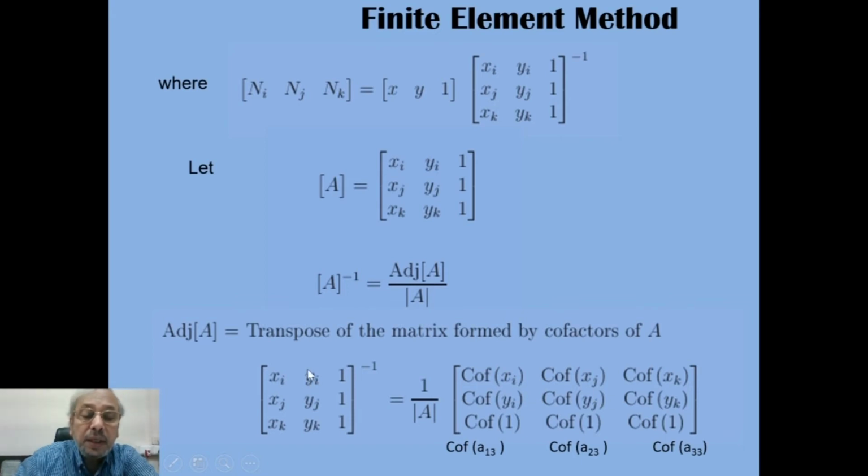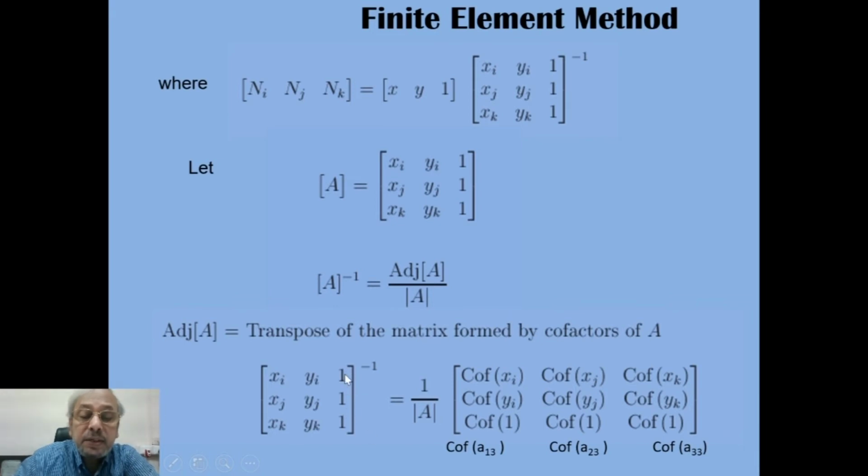Second row, we'll find the cofactors of these and then transpose them. So basically second row will be cofactor of yi, cofactor of yj and cofactor of yk. And third row we have written as cofactor of 1, cofactor of 1 and cofactor of 1, but the cofactors of these numbers at these locations are not the same.